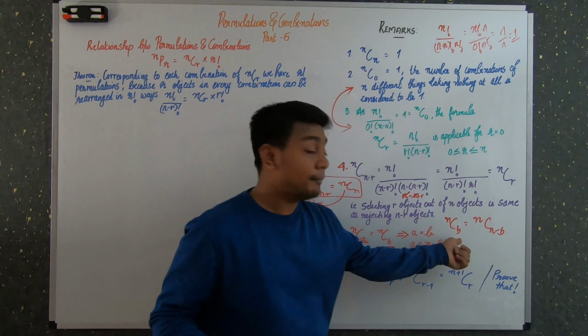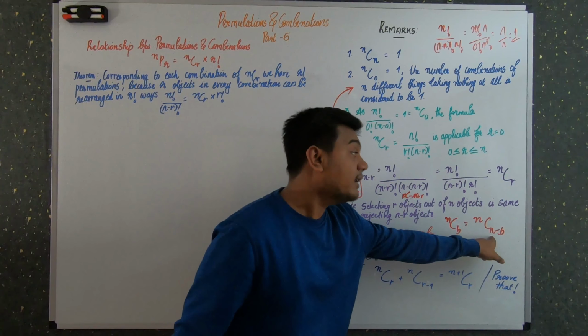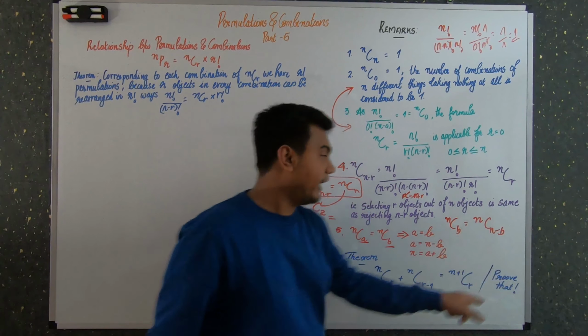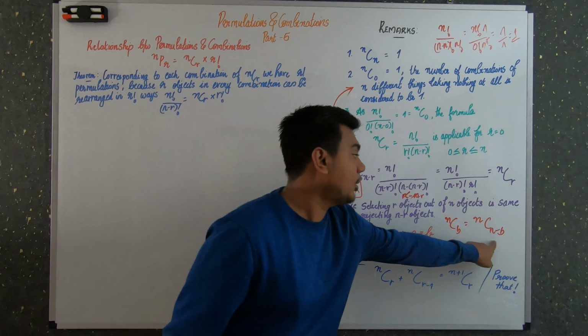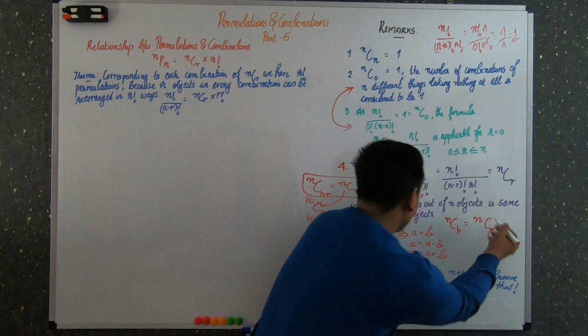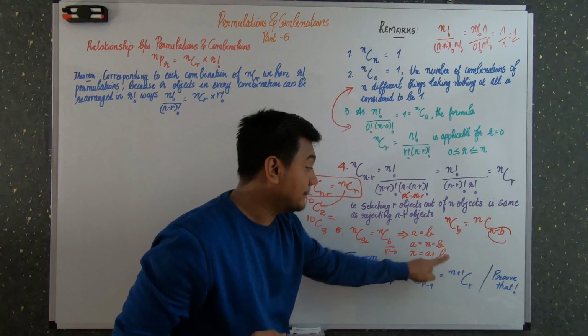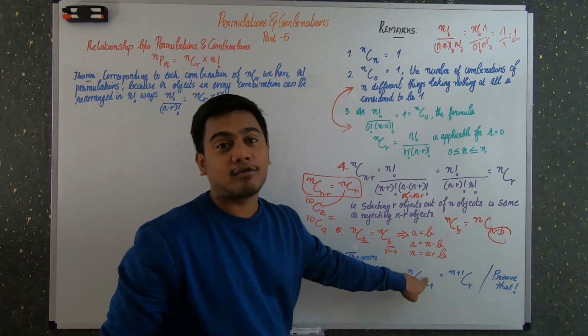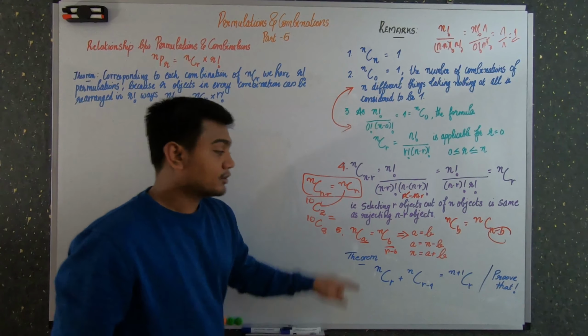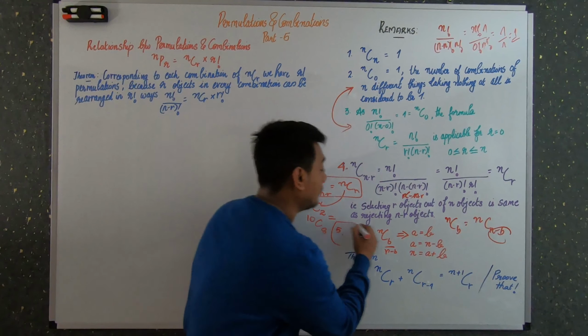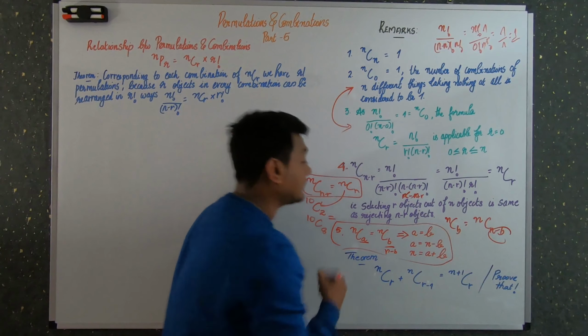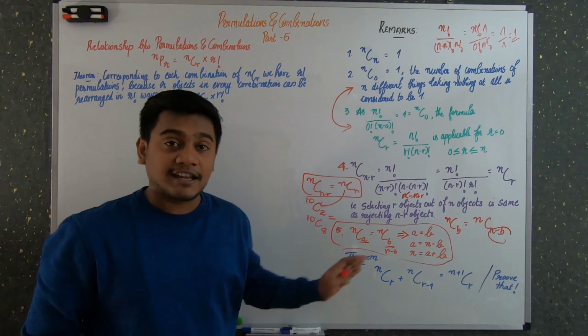That is, selecting b objects is the same as rejecting n minus b objects. So for this you substitute n minus b, so a is equal to n minus b, and from that you get n is equal to a plus b. So this is another important result. You can get your answers easily. You don't have to do the entire calculation.